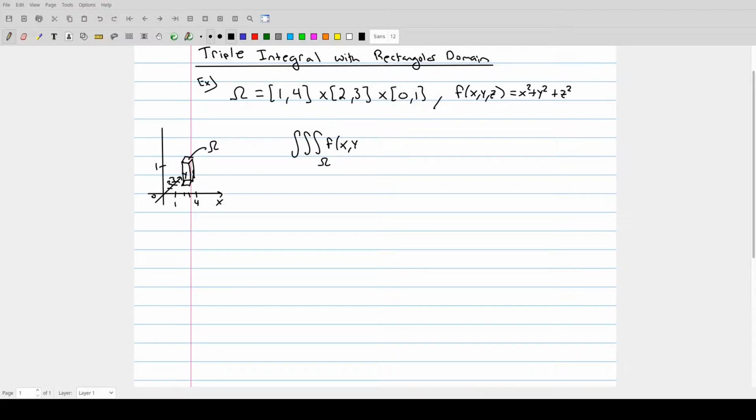The triple integral of this function over this region omega is the same thing as the iterated integral for x from 1 to 4, y from 2 to 3, and z from 0 to 1 of the function x squared plus y squared plus z squared. And dV is just dx dy dz, or dz dy dx.